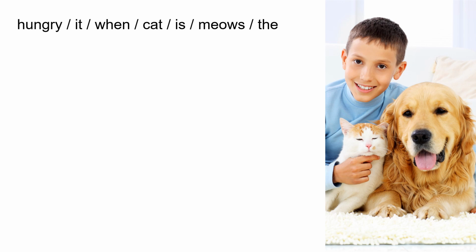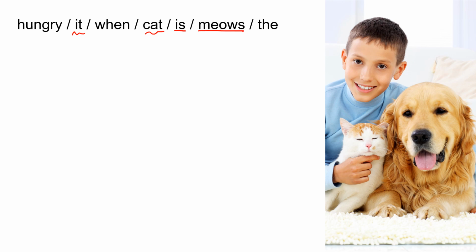Next one: hungry, eat, when, cat, is, meows. So there are 2 verbs. First of all, meows is a verb, and is is a verb. And then it can be a subject, can be a subject.